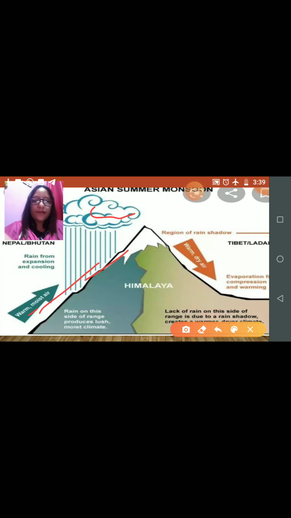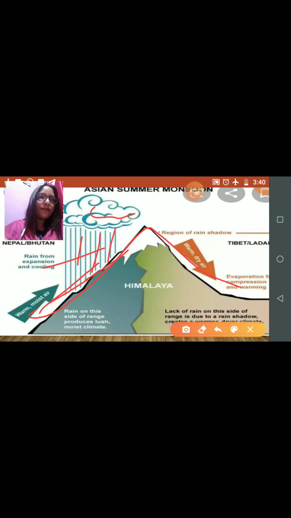So in South Asia and the southeastern part of Asia, most of the rainfall is caused by this phenomenon, which we call orographic rainfall or relief rainfall. Most of the rainfall falls on the side of the mountain that faces the winds. This we call the windward side.